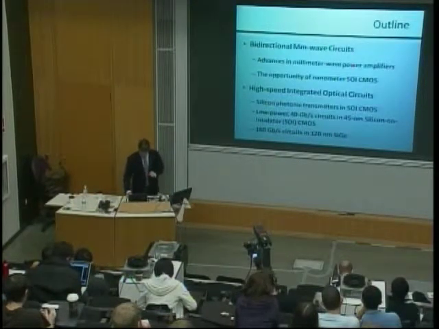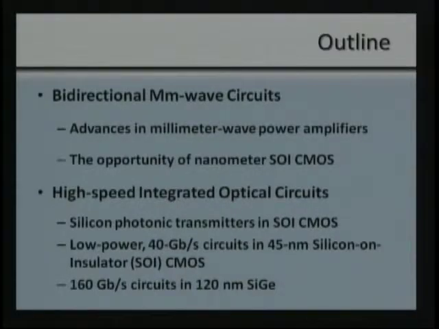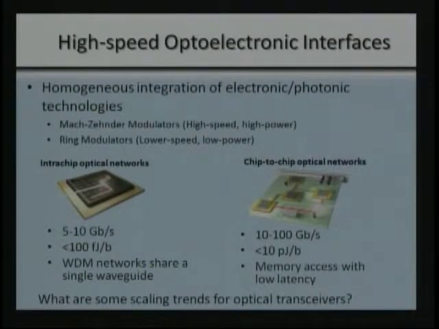So I'm going to switch gears and talk now about high-speed integrated optical circuits. There are a couple of very interesting things developing in this arena. One is trying to move light onto chip-to-chip microprocessor applications, where instead of communicating between multiple cores on a microprocessor, there will be WDM networks that route light between these different cores.